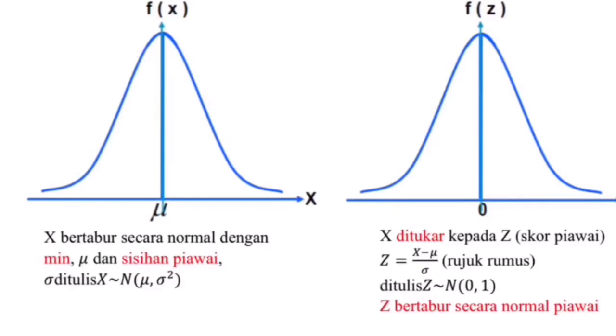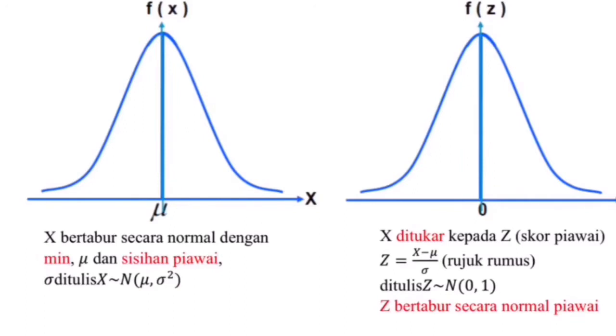The area for one whole bell is 1, because the probability for the sample space must be equal to 1. In other words, the area for half of the bell will be 0.5, because it is symmetrical at 0.